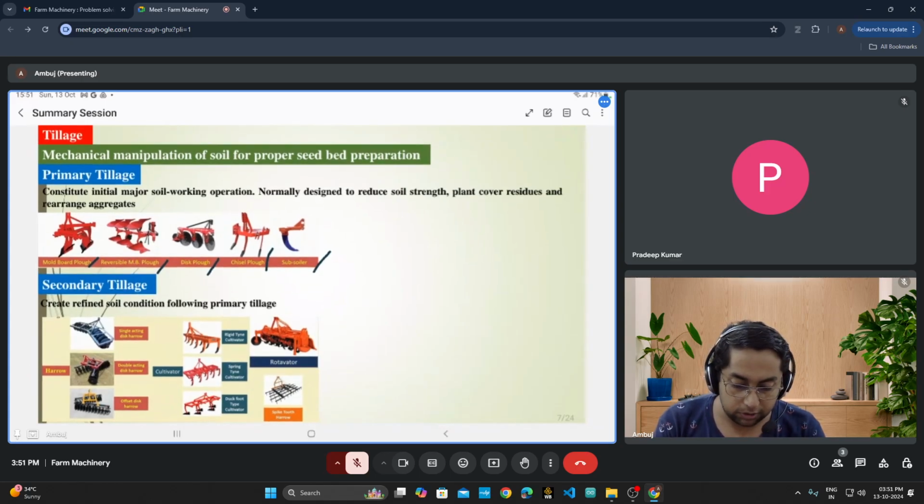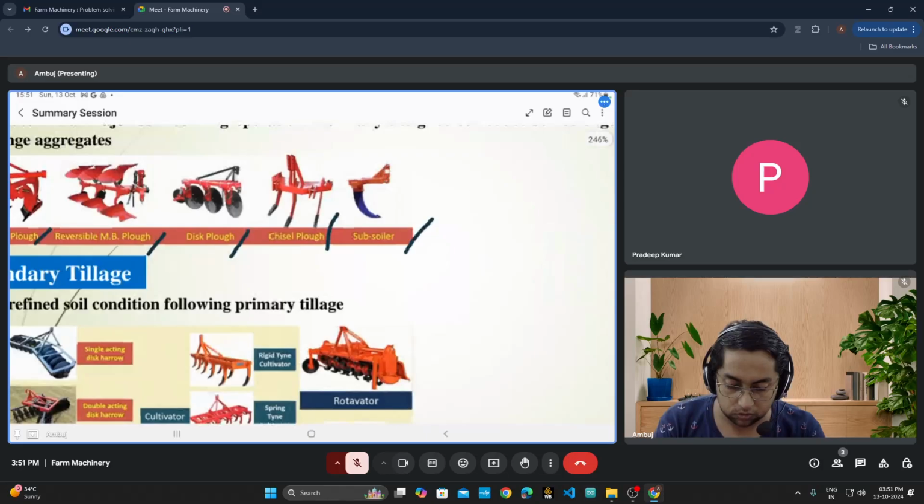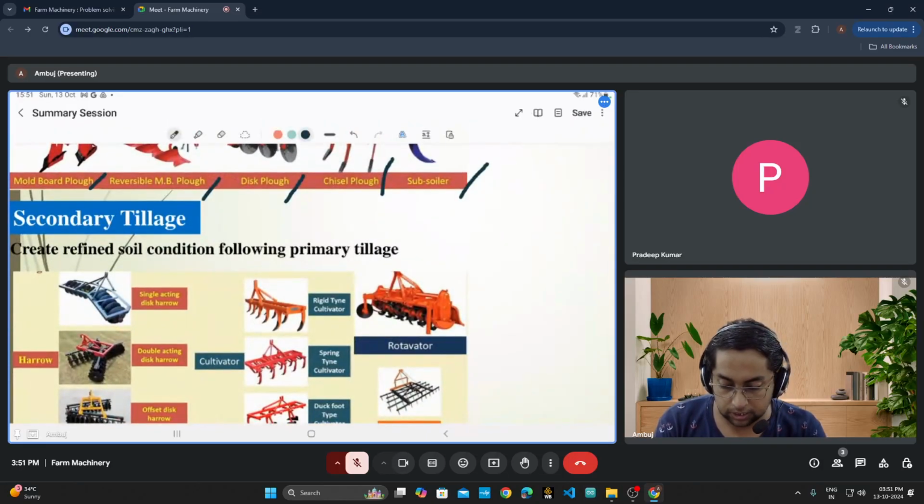Coming towards the secondary tillage operation. You can see here a single acting disc harrow. Please try to visualize the figure and remember it for the examination. It would be very useful if the examiner asks you to describe secondary tillage implements; then you can write down single acting disc harrow, and that it is used for the secondary tillage operation.